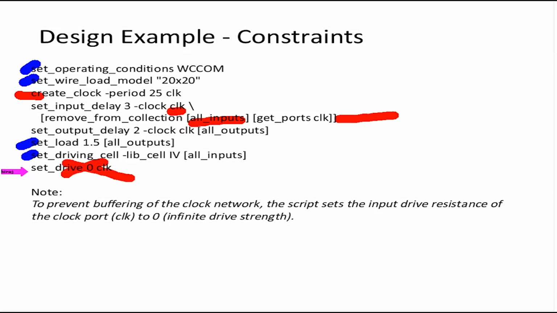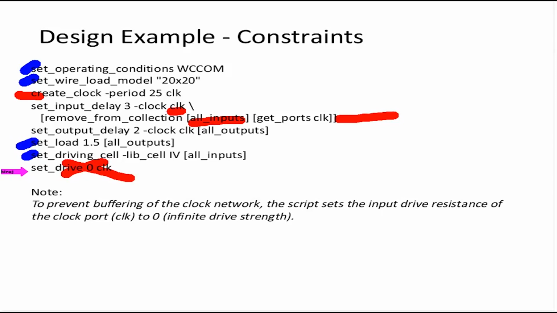A create clock command itself will imply that DC will not touch the port which has a clock defined on it. Such networks, the clock network and the reset network, have high fan out, and we know that a high fan out tree would be built in physical design. We want to exclude such nets from design rule fixing, and these nets are called ideal networks.